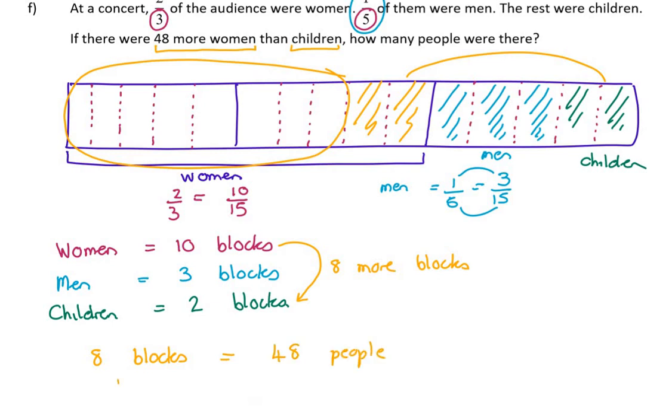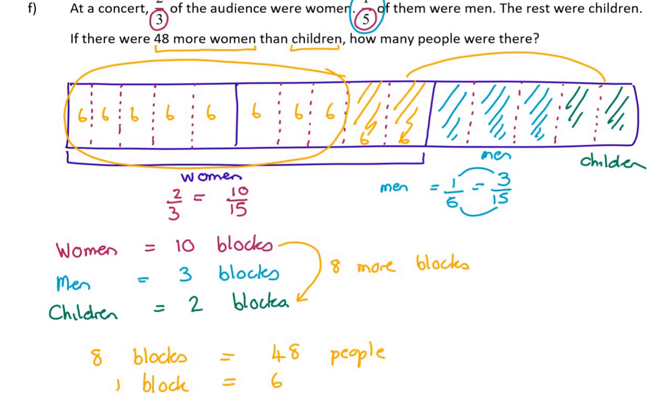And so finally, I can work out what 1 block is. So if I divide by 8, 48 divided by 8 is 6. So it means that every single one of these blocks represents 6 people. Now that would make sense because there would be 48, plus the 12 that match the children. So how many people were there?